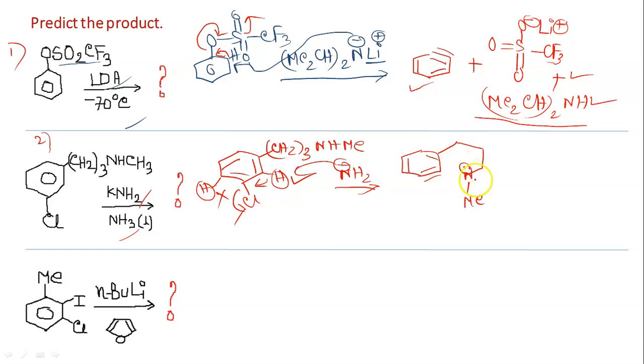Now see, this lone pair of electrons is acting as a nucleophile. So it is as if an internal nucleophile. So it will attack here and there will be formation of a 6-membered ring. So this type of ring will be generated.